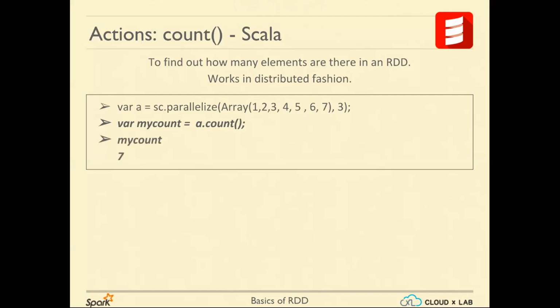The way it's going to work is it's going to ask all the executors containing a partition of the RDD to give the count, and then it will do the summation. Imagine that you have this RDD containing seven elements, and it has three partitions. First partition containing three elements, second partition containing 4 and 5, and third partition containing 6 and 7.